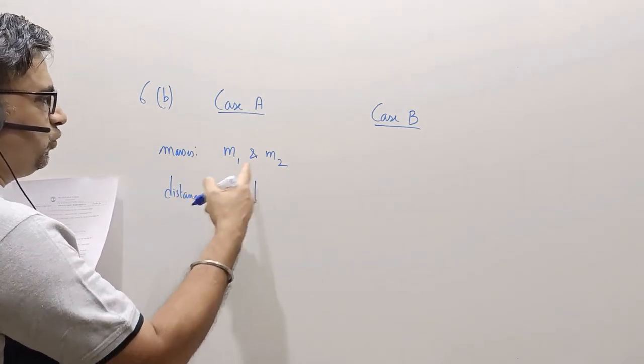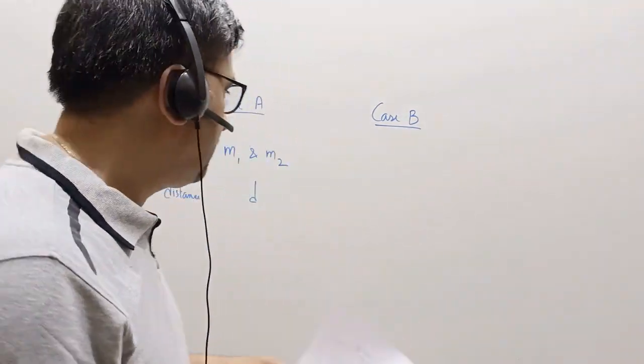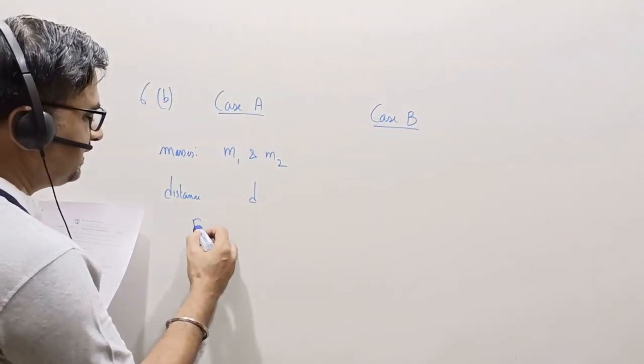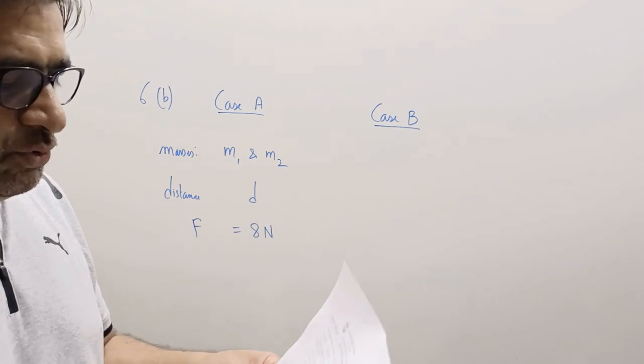The force in this case comes to 8 newtons. Wonderful. How is the magnitude of the force changed when the masses of both the objects are reduced to half?